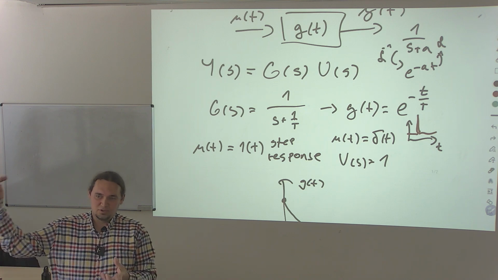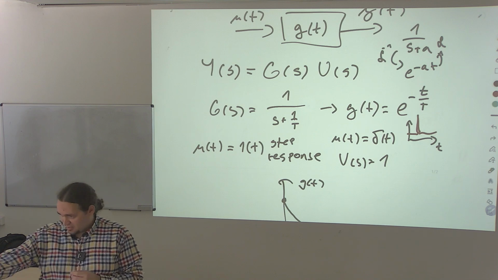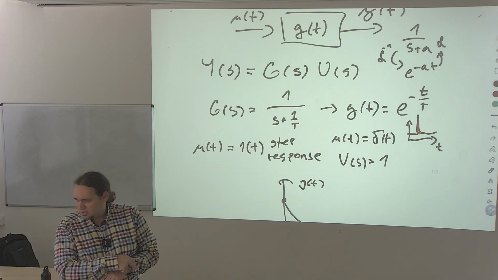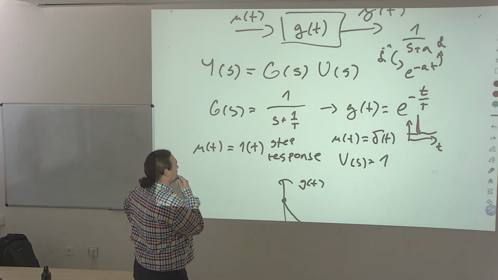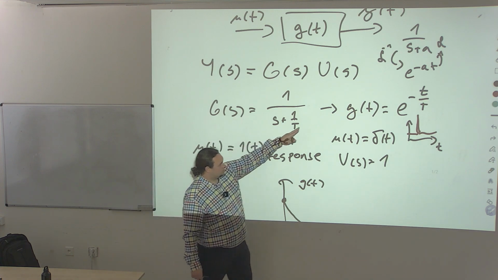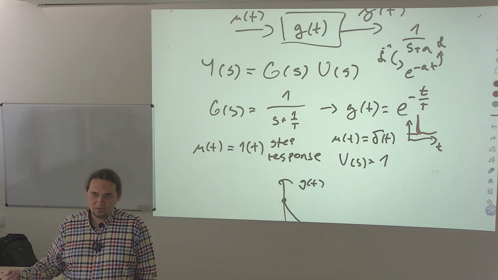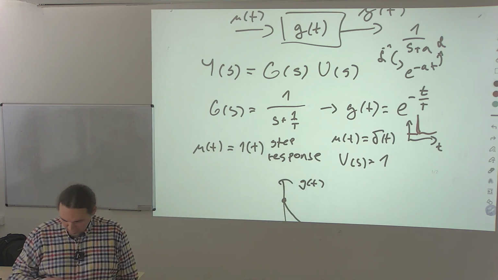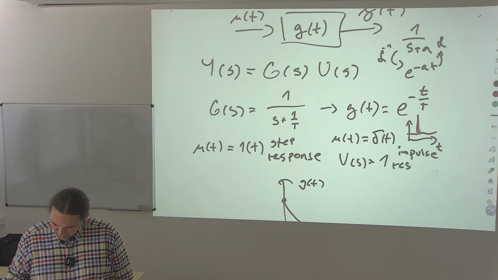Whether it's a valve which is feeding some liquid to a tank, whether it's a valve at this heating radiator, whatever like that. So basically, our G of S, G of T is nothing else than the response to the impulse, or impulse response.